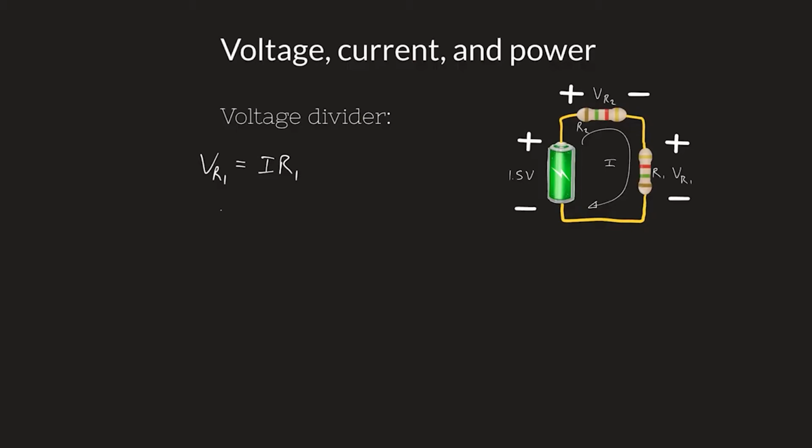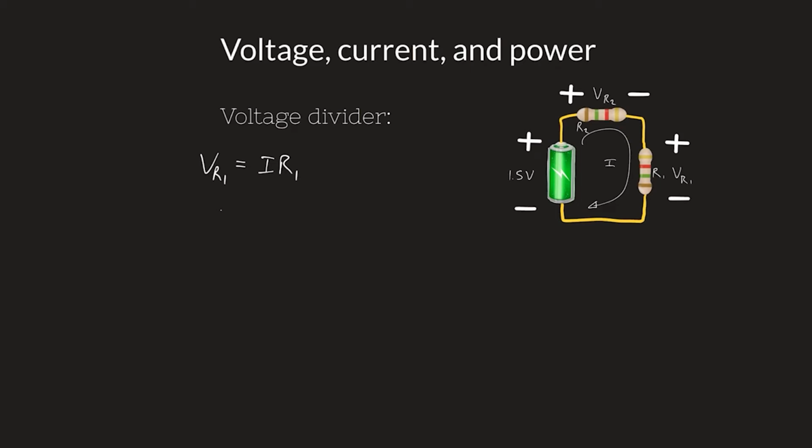By the way, the polarities I've chosen here are somewhat arbitrary. They are completely arbitrary, but I've chosen them because I already know I'm at the highest potential here, which means I know I'm dropping potential from here to here. I'm dropping potential from here to here. But in a more complicated circuit, you just have to choose your polarities and choose the direction of your currents.